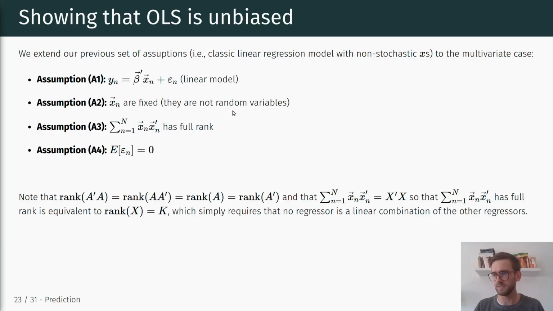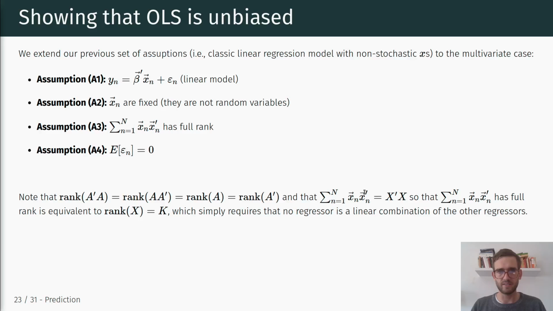This is what I said in the previous video, that in general, whenever we have a matrix multiplication of the form A prime A, the rank of that is equal to the rank of the matrix multiplication AA prime, which is equal to the rank of the original matrix A or A prime.